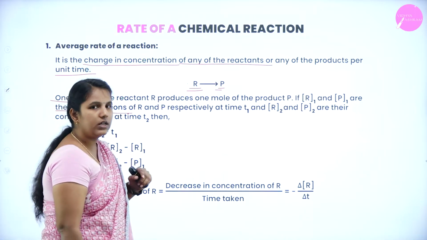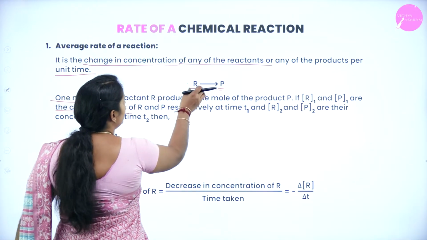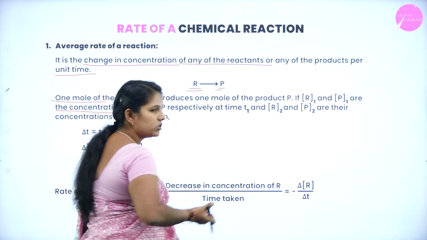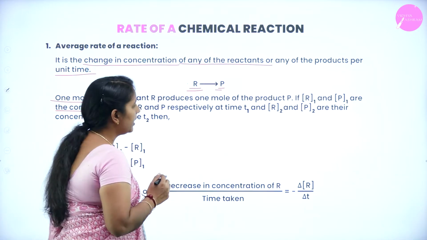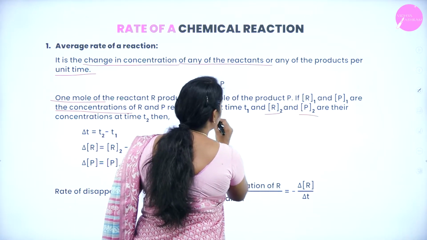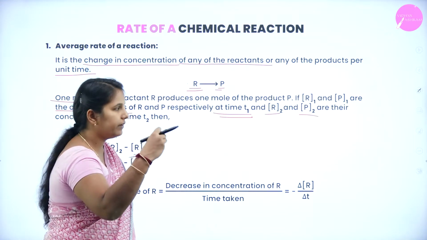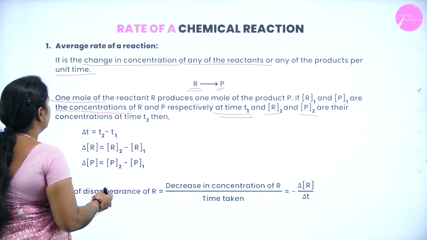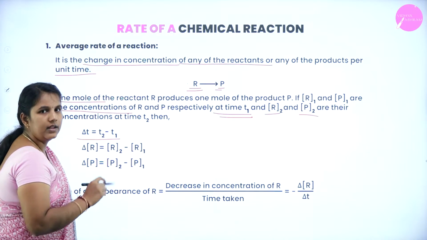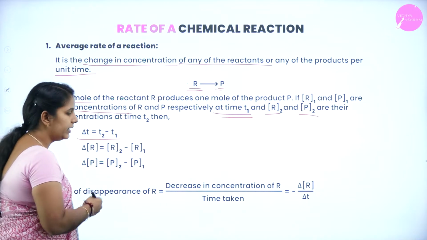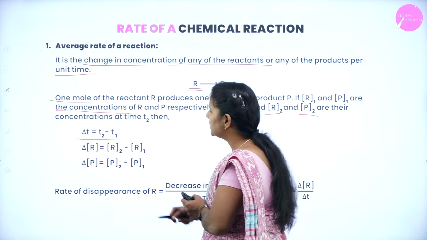And also after the time changes, at the time T1, the concentration of the reactant and the product also get changed and become R2 and P2. Why do they become R2 and P2? Because over the time interval the concentrations of the reactant and the product change, and that can be denoted as delta T. Delta T is the change in time, obtained by T2 minus T1.